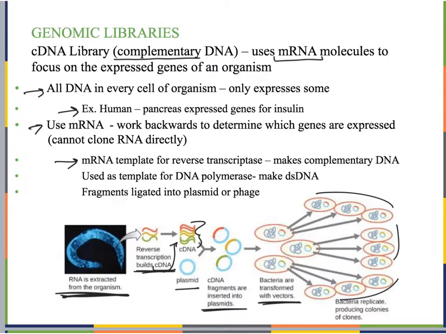So maybe the Serratia marcescens growing at 30 degrees C, they went through and they did a cDNA library and they found out what gene is it that's turned on at 30 degrees C versus it's not turned on. We don't have mRNA for it. It's not expressed at 37 degrees C. And then we have that information for whatever purpose might be useful.